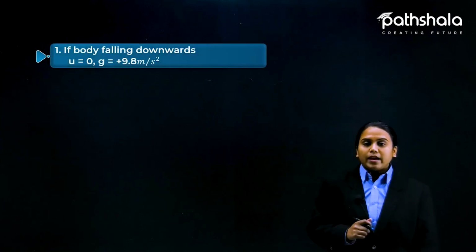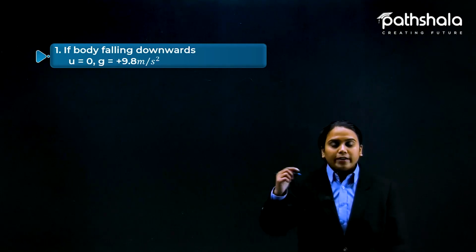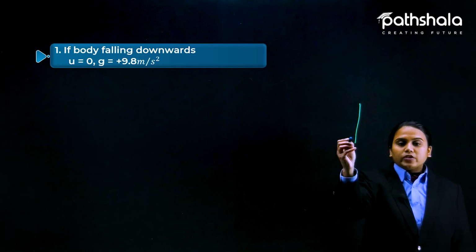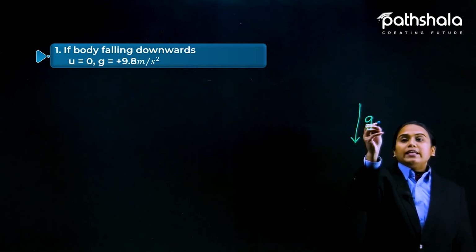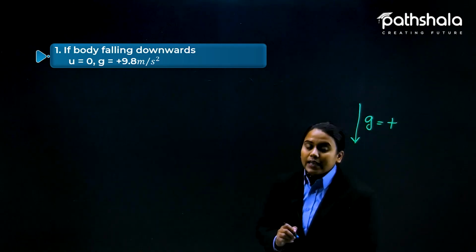So students, here are some postulates related to the free falling of a body, and these would be the main part when you are going to solve questions. You have to keep this in mind while solving questions. The first point: if the body is falling in the downward direction, then g is taken as positive, and u is taken as 0.